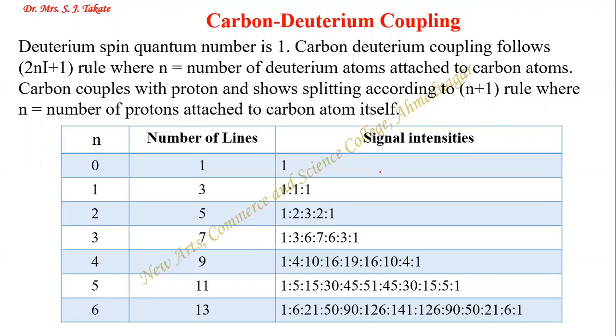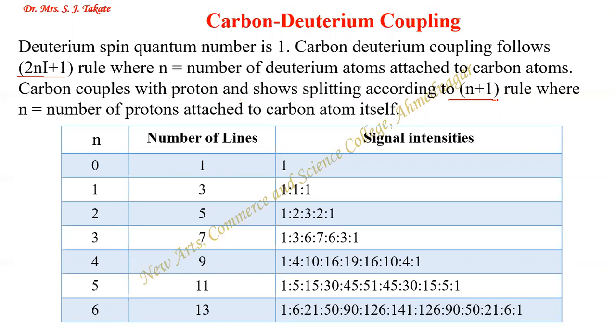Carbon-deuterium coupling is determined by the formula 2NI plus 1, where I is the spin quantum number of deuterium and N is the number of deuteriums attached to that carbon atom. While carbon-proton coupling follows the N plus 1 rule, where N is the number of protons attached to that carbon atom itself.